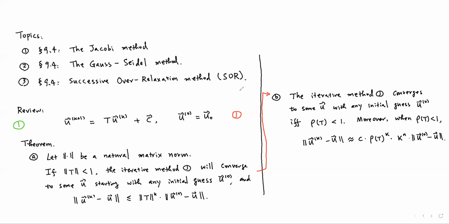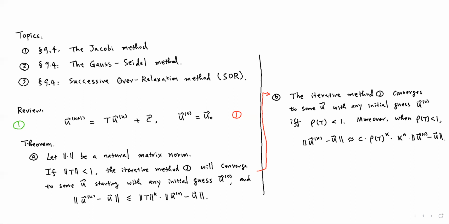All right. Today's three topics: the Jacobi method, then the Gauss-Seidel method, which is an improved version of the Jacobi method.